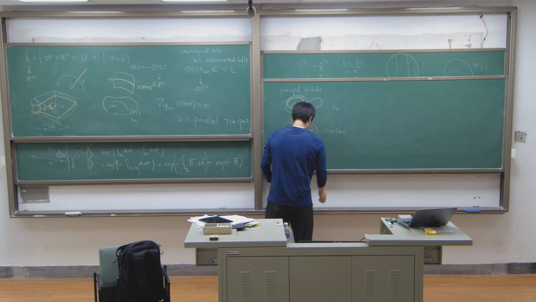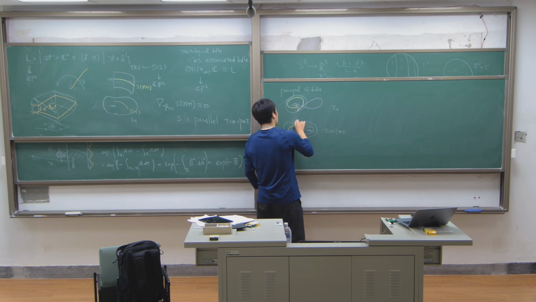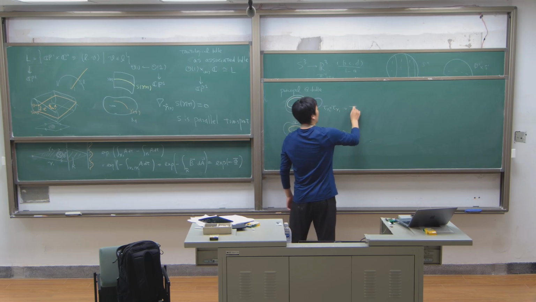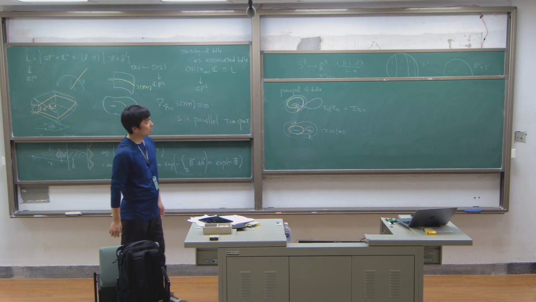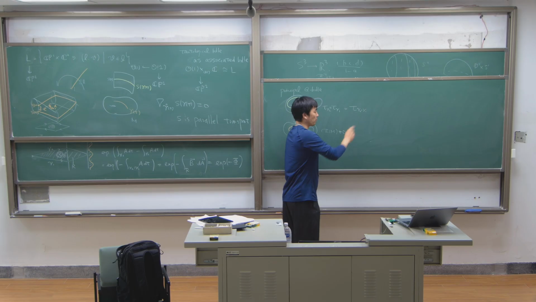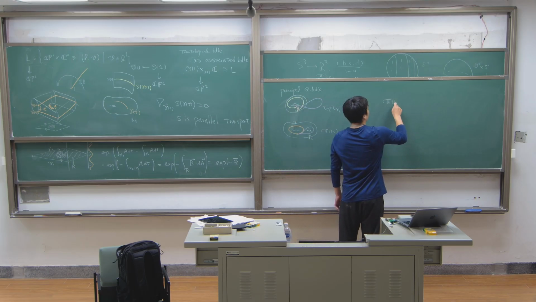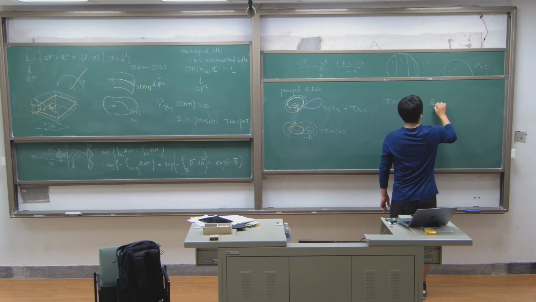So that will give you another, this is gamma 1 and gamma 2, and the composition will give you tau of gamma 1 plus gamma 2, like this. Okay, composition. So therefore, they form a group. In fact, this one will give you a homomorphism from pi1 of M to G.